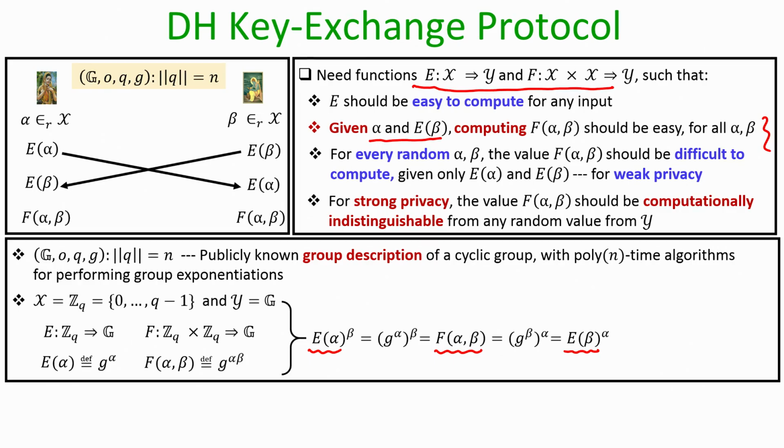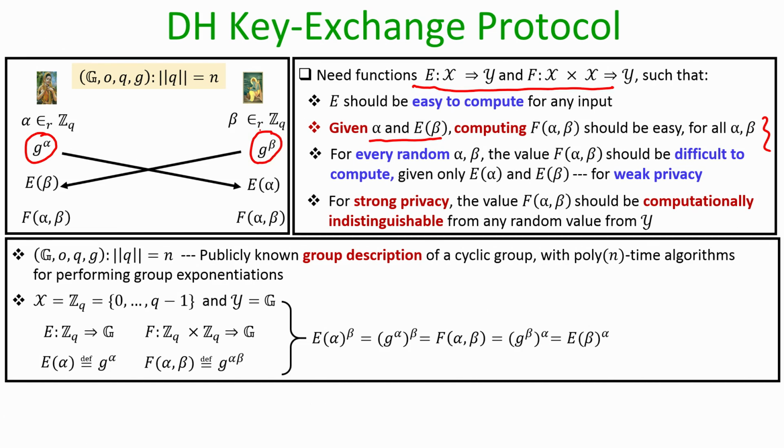So, now let us see how exactly, using these instantiations of E and F, the Diffie-Hellman key exchange protocol will look. The public setup will be the description of the cyclic group, and the sender will independently pick an index alpha from the set Z q, and in the same way the receiver is going to pick a random index beta from the set Z q. The sender is going to compute the function output E of alpha, namely the value g to the power alpha, and in the same way the receiver will compute the value g to the power beta.